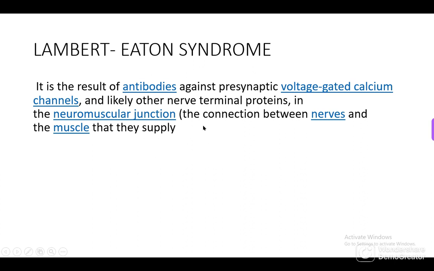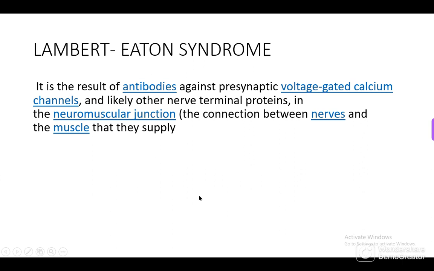So the depolarization at the nerve cannot occur properly, and the picture is very similar to myasthenia gravis. But in this condition, if you apply, for example, 5 pound force increasing to 7 pound force, the power will increase rather than decrease.